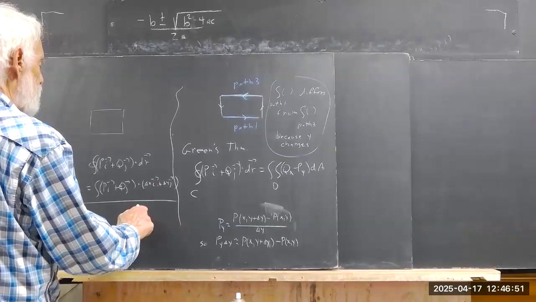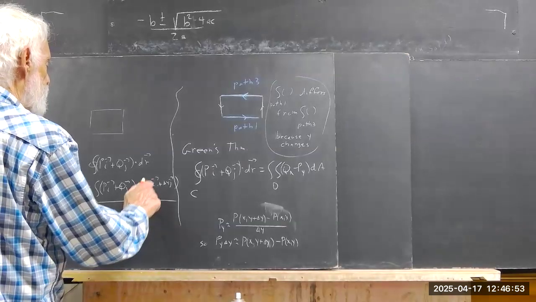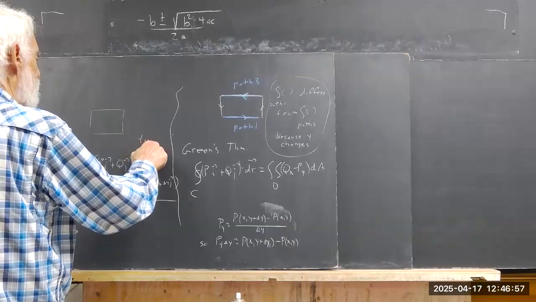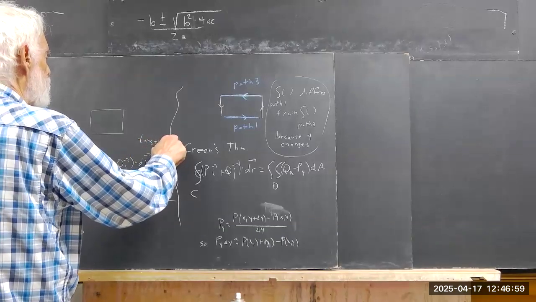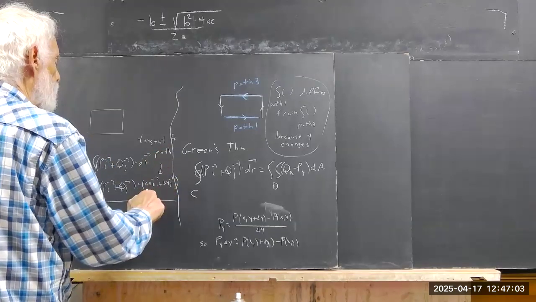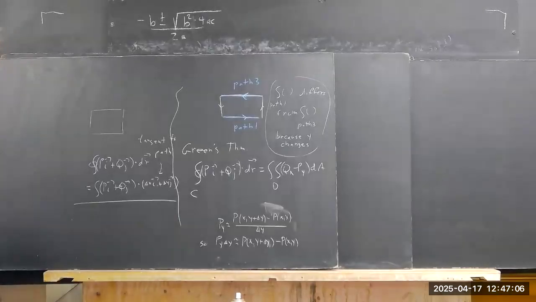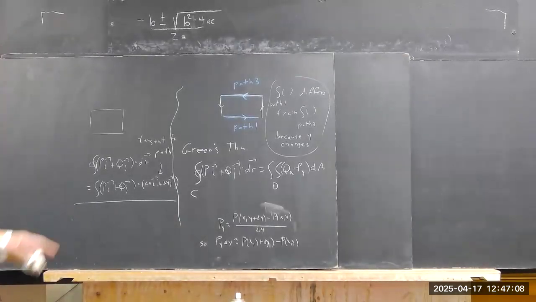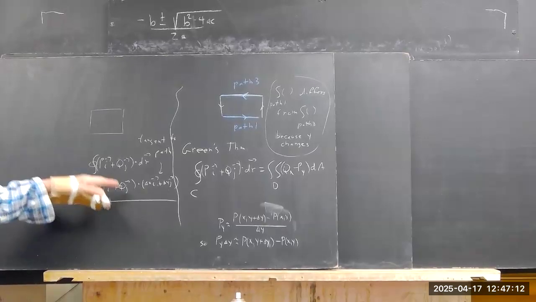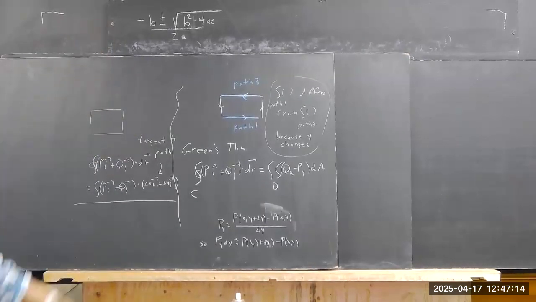This vector here is tangent to our path. So we're integrating the component of p i plus q j tangent to the path.